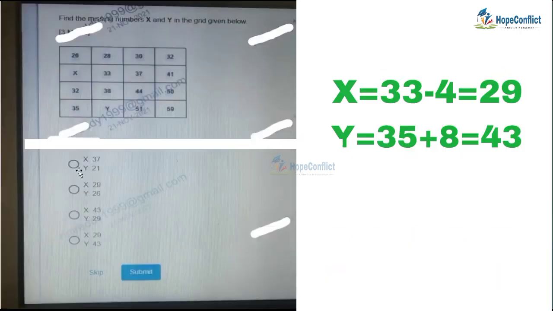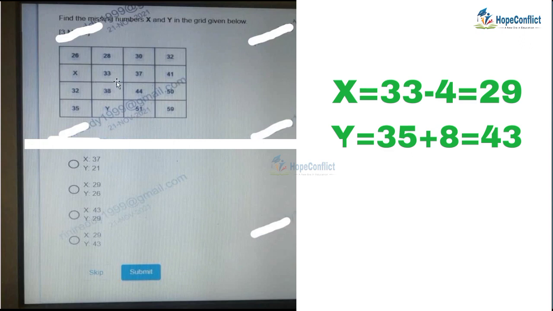For the next question, if we look at row 1, the numbers given are 26, 28, 30 and 32. So each number is incremented by 2, or we can say there is a common difference of 2 in row 1. Similarly, if we consider the second row, it is X, then 33, 37, 41.